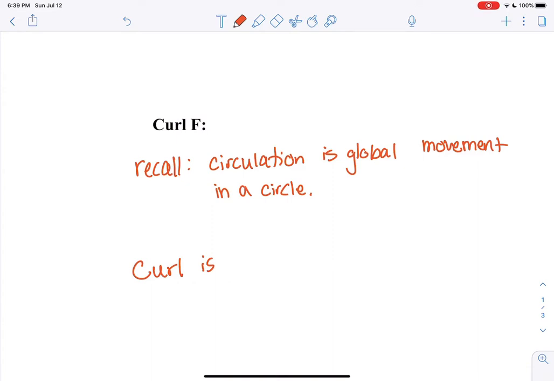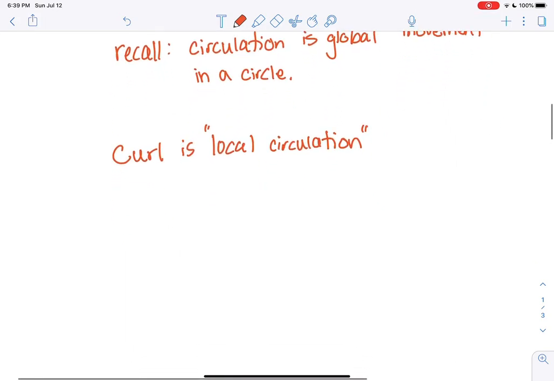So curl is local circulation. And going with the same beach ball analogy, the curl of a vector field, given that the field might be the movement of that water, would be the tendency for the water to cause the beach ball to spin on its own axis.